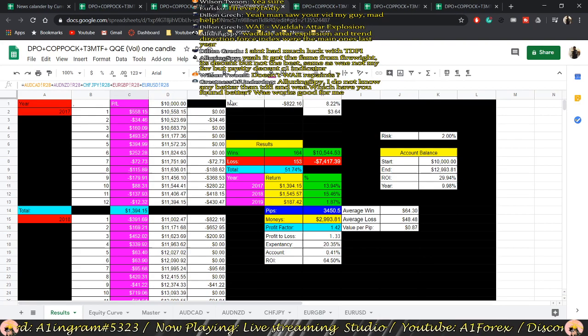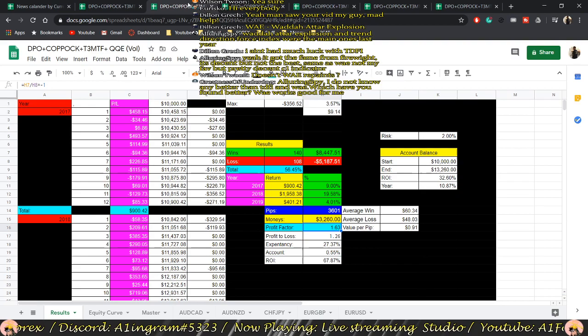Next we have the one candle rule. From here, this is something I personally was really wanting to work, because I noticed the sheer volume of trades increase.